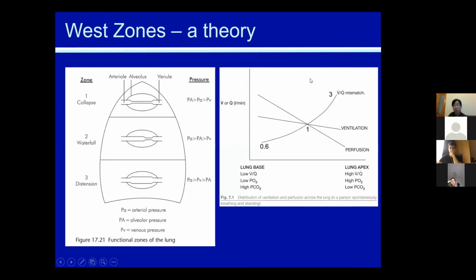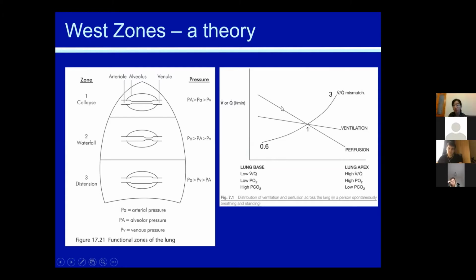Oh yeah, here's the graph that I promised. This graph just summarizes everything that I've said. You've got the lung apex over here on the right, lung base over here, perfusion and ventilation at the top. And as I said, they both increase as you go towards the lung base, but perfusion increases more than ventilation. So the line for perfusion is key.